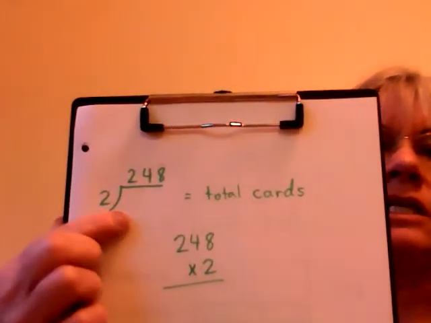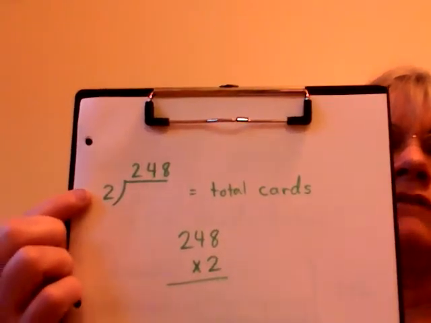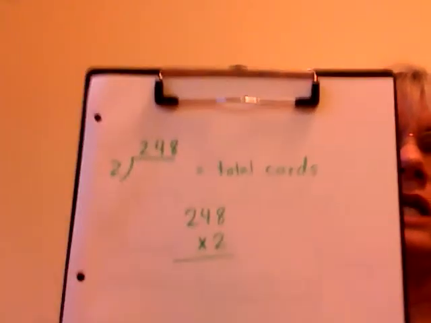So we know that some number, represented here by the empty space, when divided by 2, gives us a quotient of 248. And you might think about that in a way that each boy has the same amount.